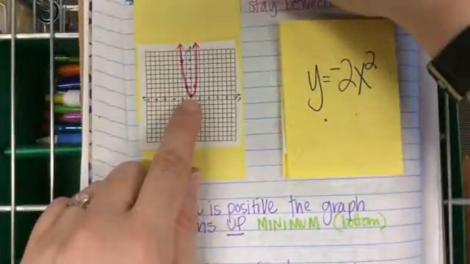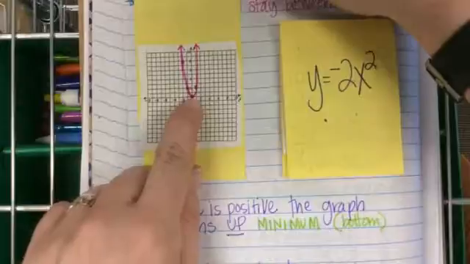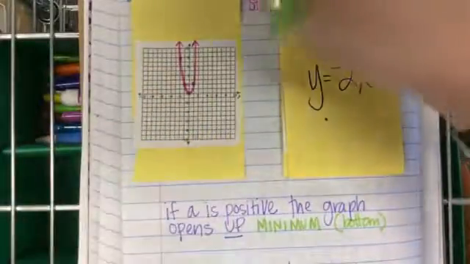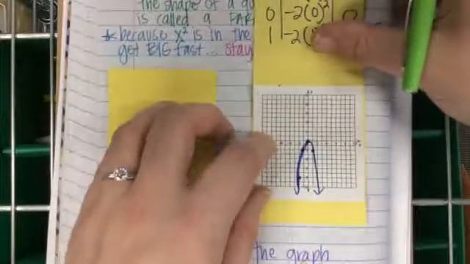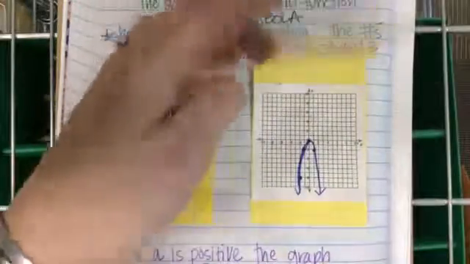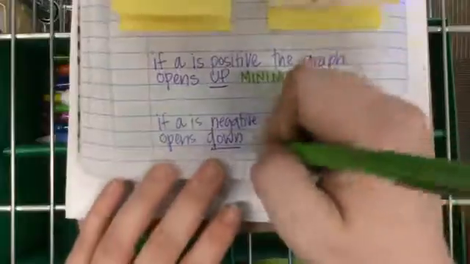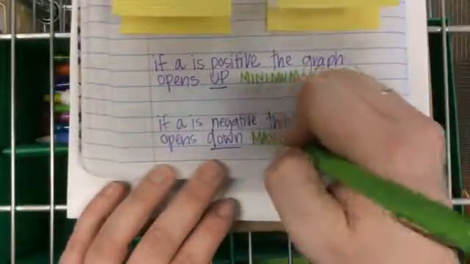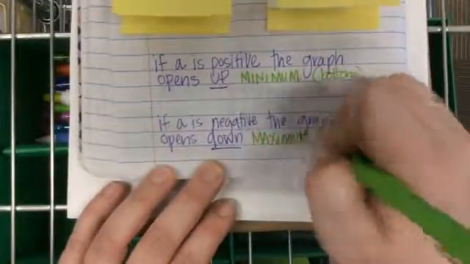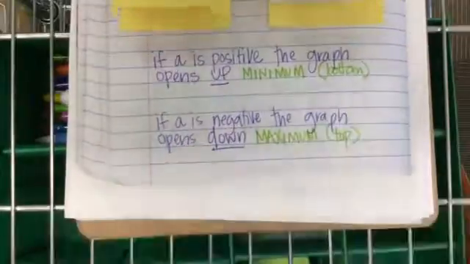And in this one, my minimum is 0, because the bottom of the graph is at 0. If it opens down, it doesn't have a minimum, it has a maximum, which is a top.